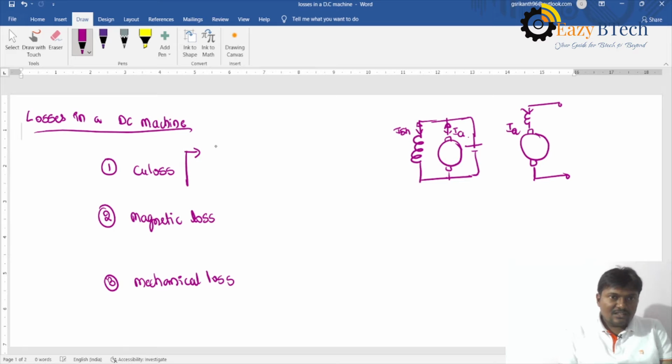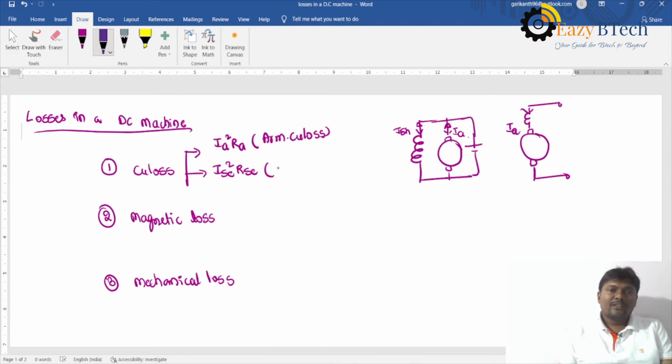The first one is IA square RA. This IA square RA is called the armature copper loss. The next one is ISC square into RSC. This is called the series field copper loss.